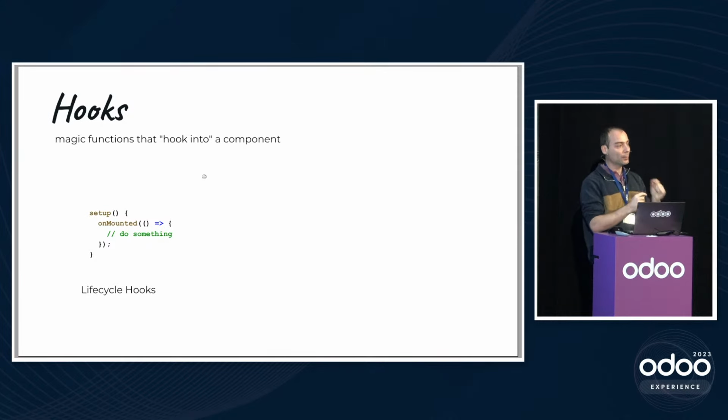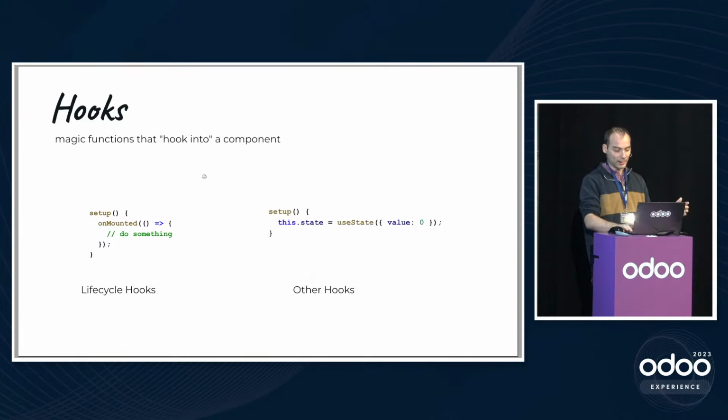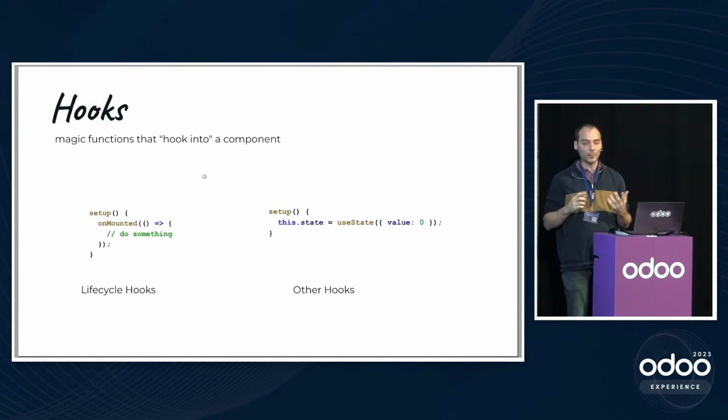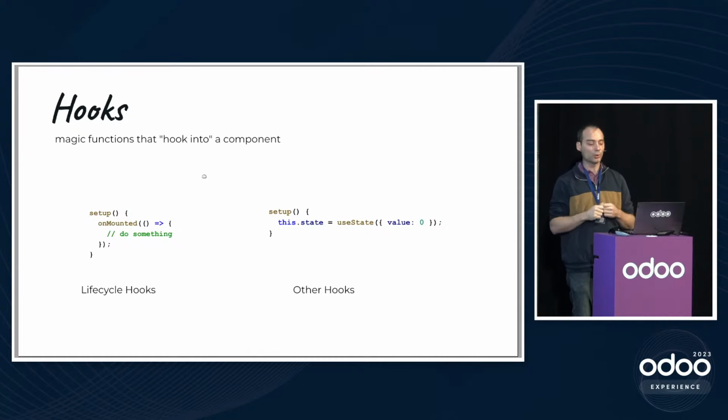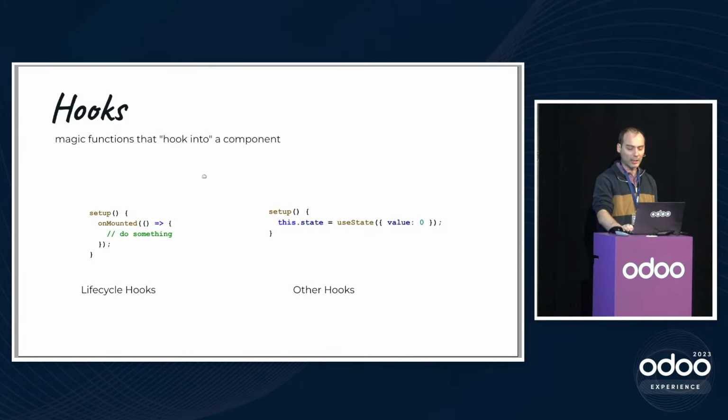And it's only at this moment that the user can see it, okay? Those are lifecycle hooks. And then you have other kind of hooks, kind of magic. We have the useState hook. The trick to know if it's a hook is that it starts with use or on. Those are the two conventional names that you use to describe a hook. Okay, so I have two kinds of hooks. I'll talk about useState in a moment.